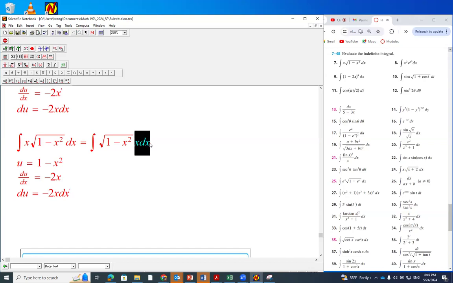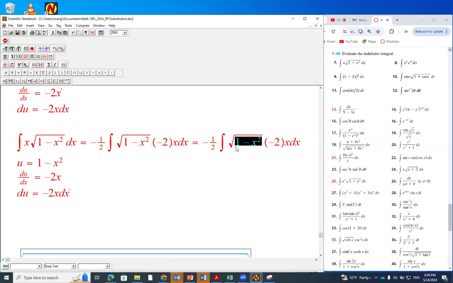We'll have the x dx, and we just need a negative 2. We multiply by a negative 2, so we'll have to divide by a negative 2. So by this time, we're ready to do the substitution.